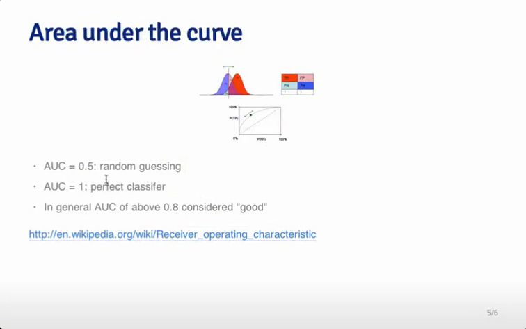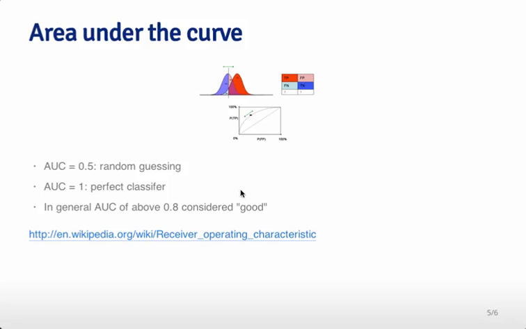There are some standard values that make sense to pay attention to. If the area under the curve, or AUC, is equal to 0.5, that's equivalent to a prediction algorithm that's just on the 45-degree line. That's equivalent to basically randomly guessing whether you're going to be a true positive or a false positive. So 0.5 is actually quite bad. Anything less than 0.5 is worse than random guessing, so it's worse than flipping a coin.